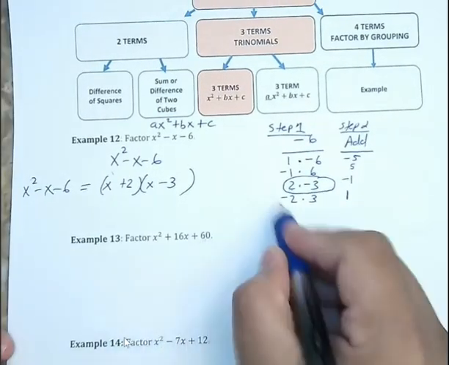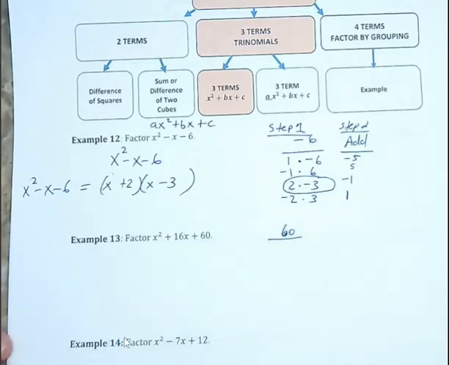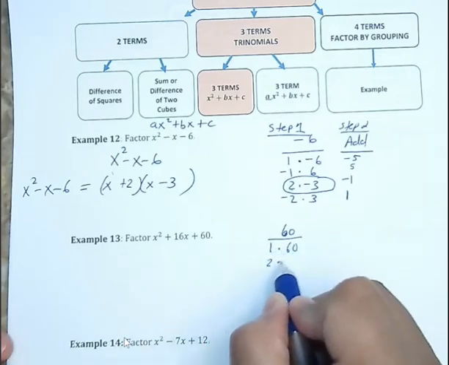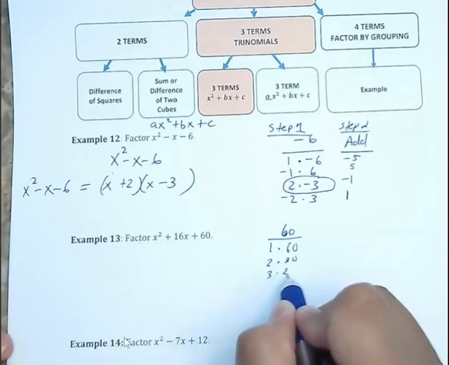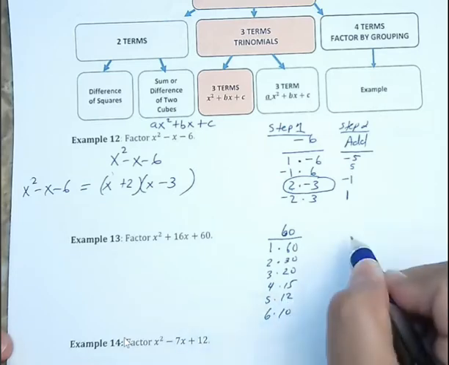So first we look at the constant, which is 60. And we want to write all the factors that will give us a 60. Notice that your signs here are both positive. So anything that we work with here needs to be positive. So 1 times 60, 2 times 30, 3 times 20, 4 times 15, 5 times 12, and 6 times 10.